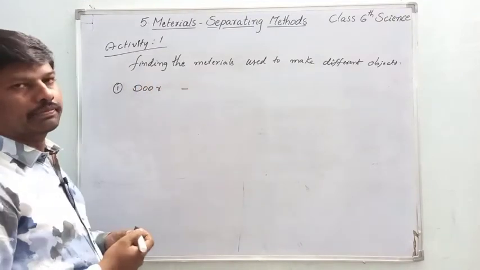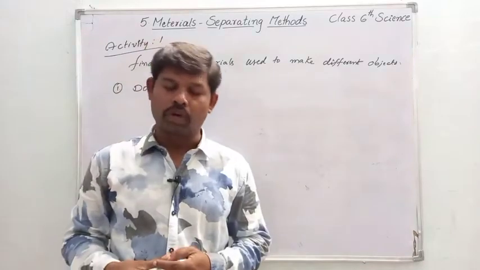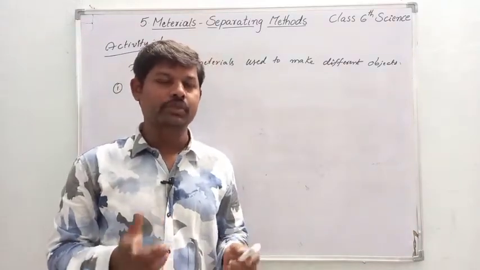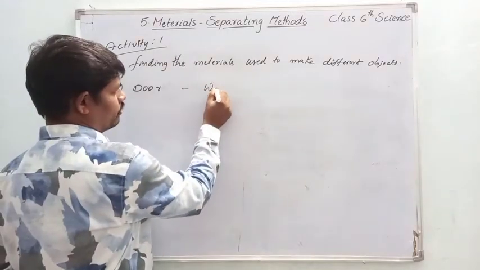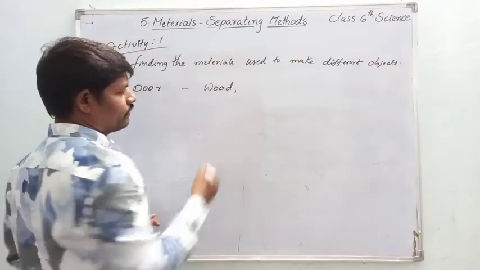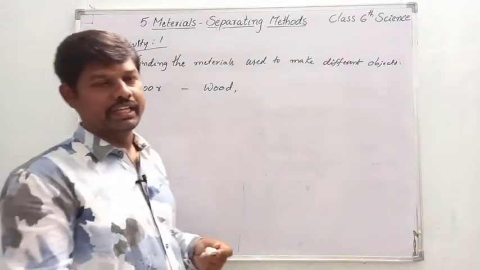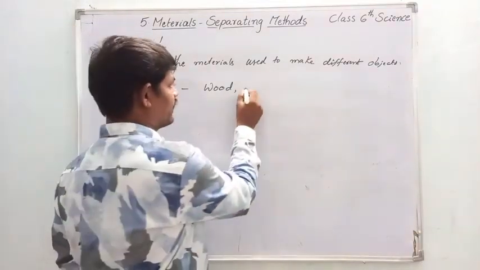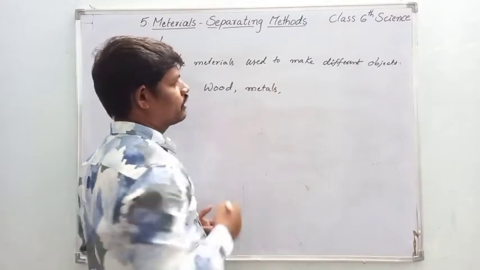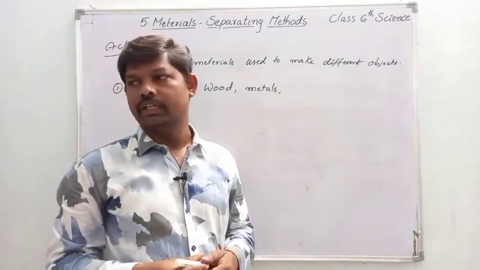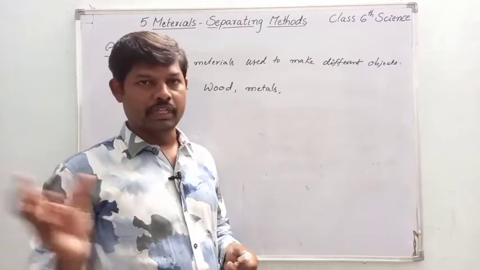If you see the door, what are the materials used to prepare a door? Everybody knows wood. First one, wood, and for handles, we can use metals. And bushes, rubber.